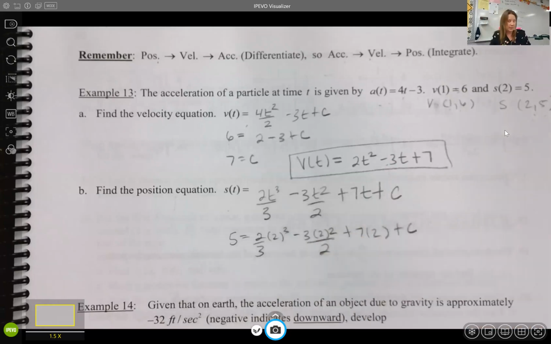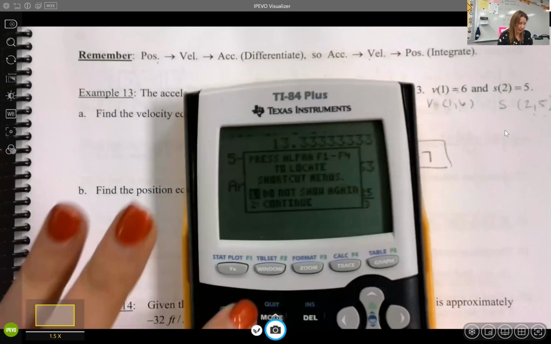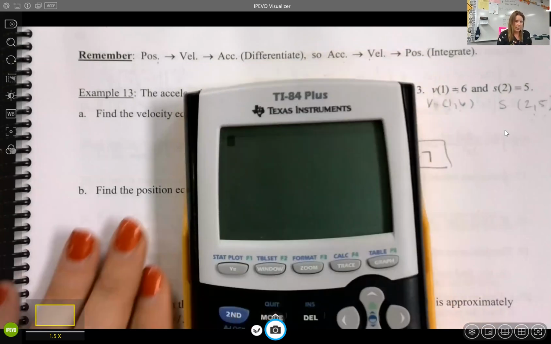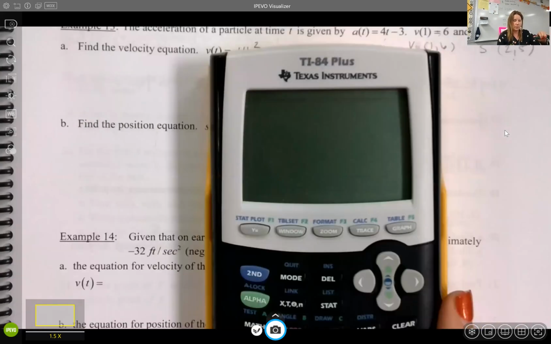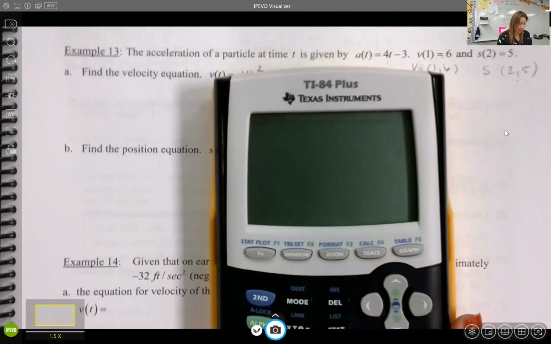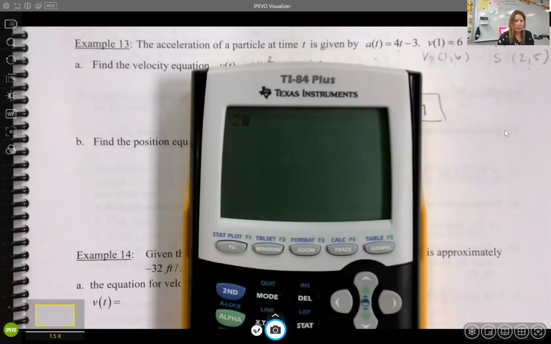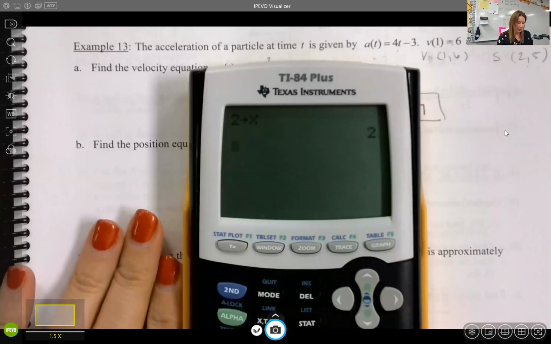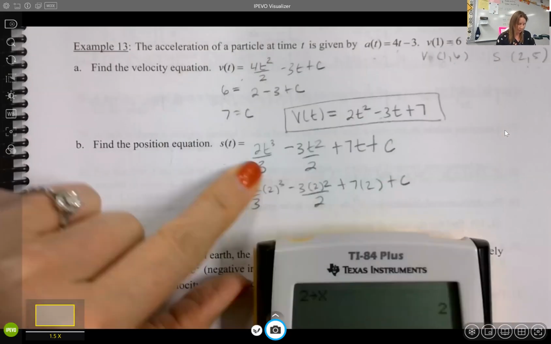Okay, so I'm just going to use my calculator because it didn't say I couldn't. I'm going to store 2 in my equation, so 2 store x, and then I'm just going to type in what I had here.